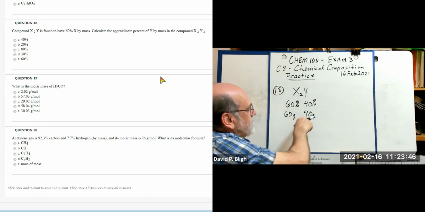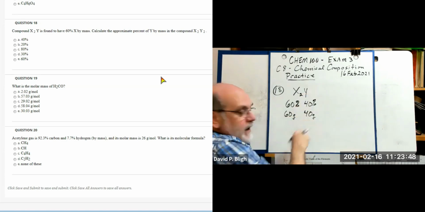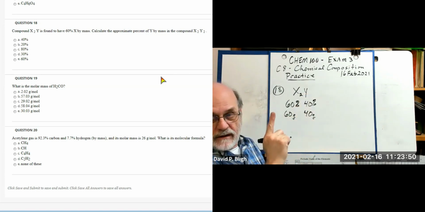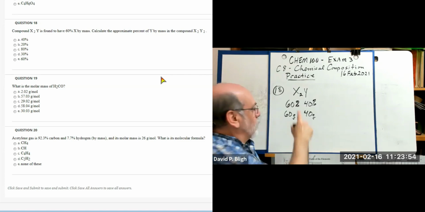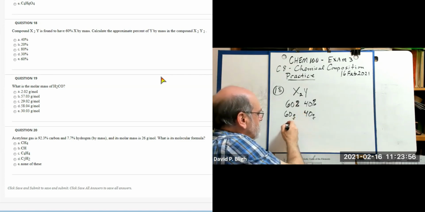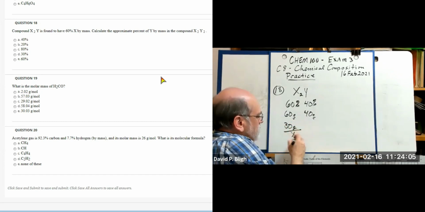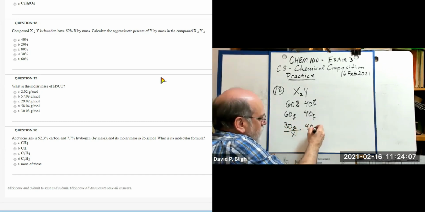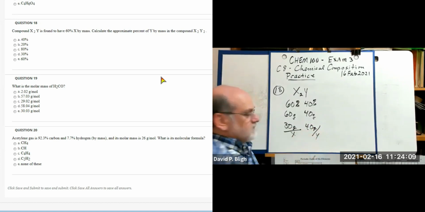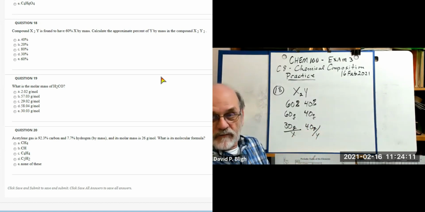Well, if Y is 40 grams for 1 unit, then how many is X for 1 unit? 1 unit of X is 30 grams per X and 40 grams per Y. Okay, so if you have one, that's the ratio. Mass, mass.